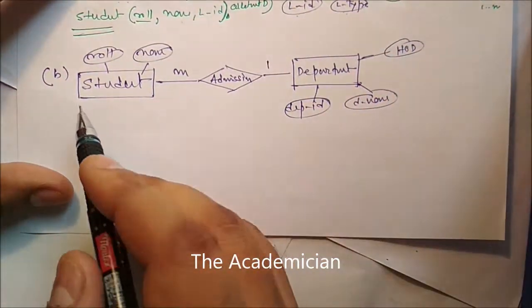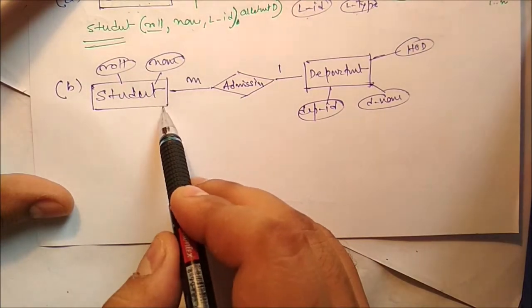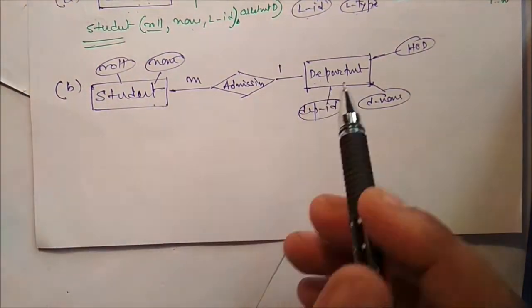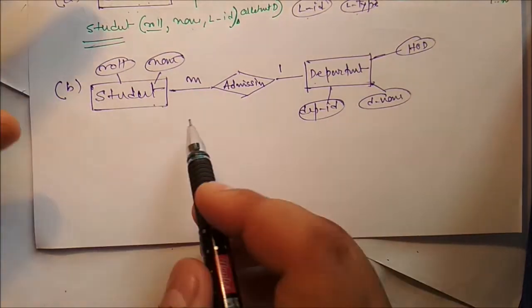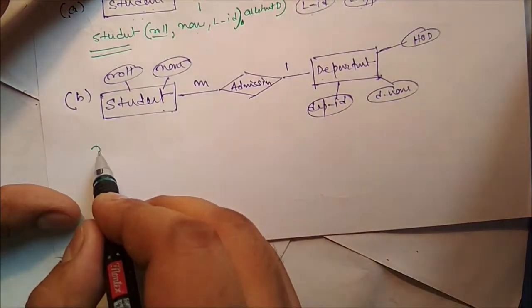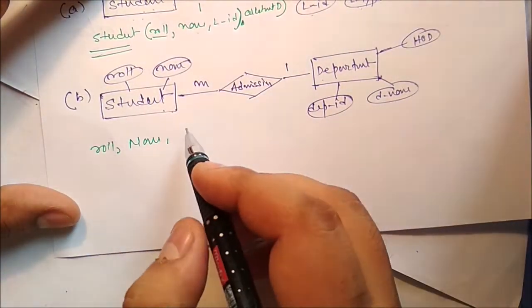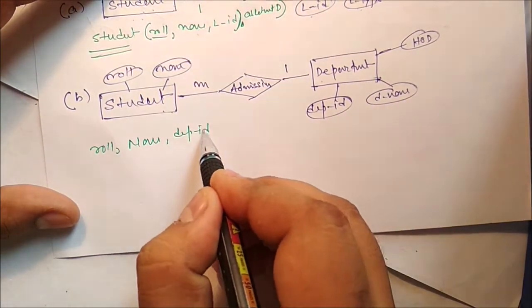Now this is an M:1 relationship. One student must have only one department, admission should be in one department, and a department has more than one student. So here the table has roll number, name, and we put the department ID.